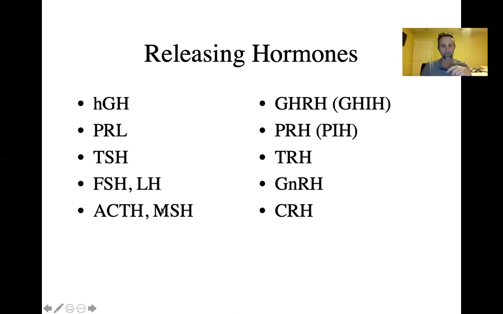So, human growth hormone, prolactin, thyroid stimulating hormone, follicle stimulating hormone, luteinizing hormone, just recognize it, right? Adrenocorticotropic hormone and melanocyte stimulating hormone. That's what those 7 stand for.